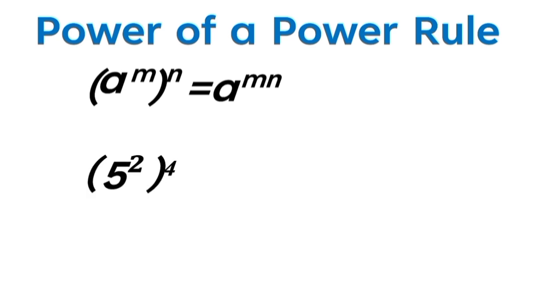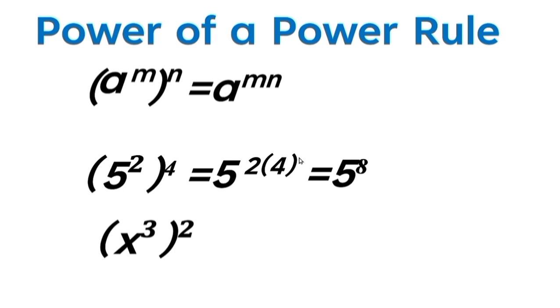We have here the power of a power rule. The rule is a to the power m, then raised to another power n, is equal to a to the power m times n. So, for example, we have 5 squared raised to the power 4 is equal to 5 to the power 2 times 4, or 5 to the power 8.